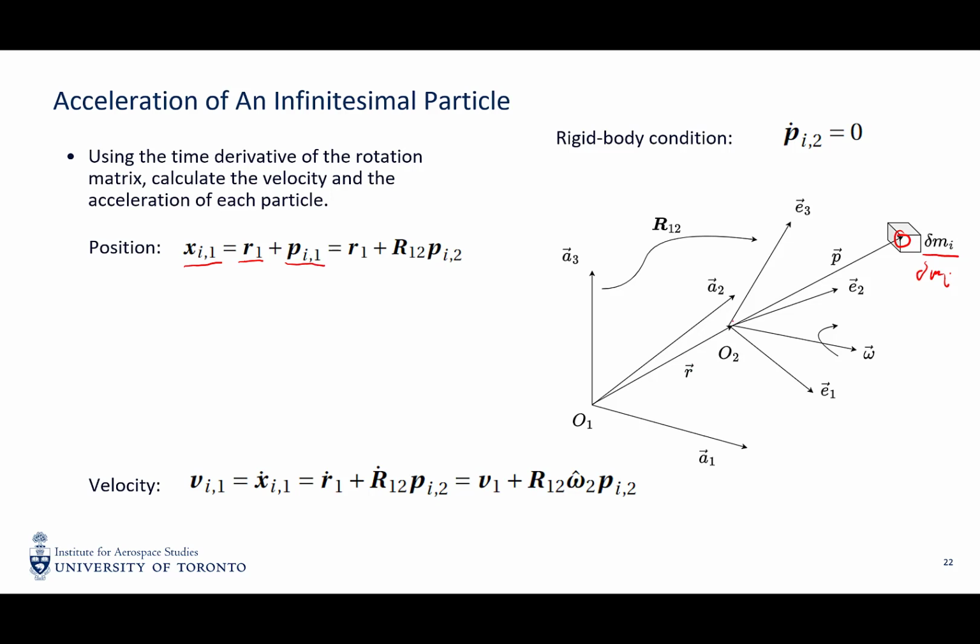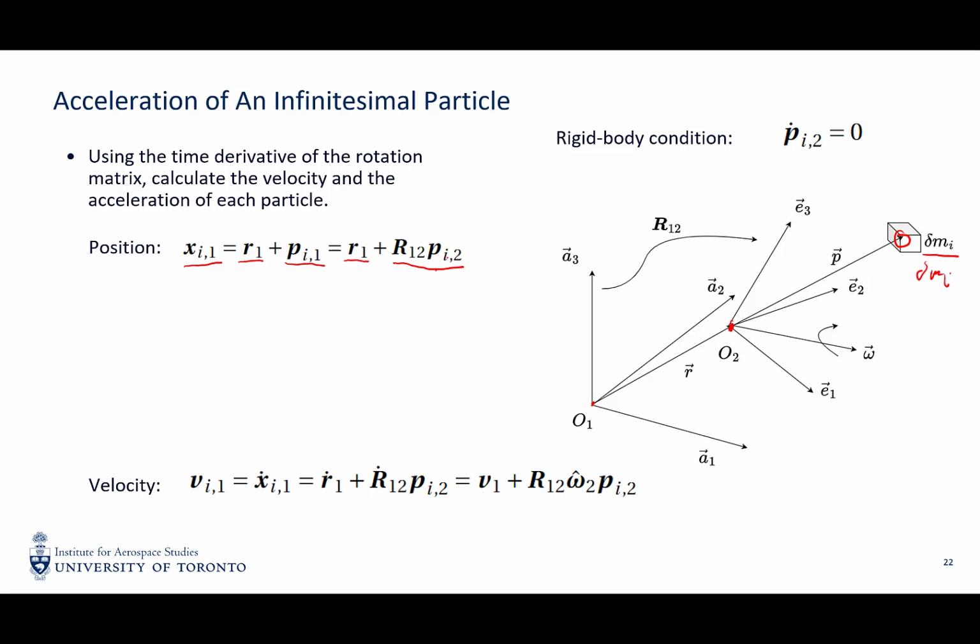So the r is the displacement of the body fixed frame from the inertial frame. It can also be expressed as r1 plus rotation matrix R12 times pi2, because by using the rotation matrix, we can express the relative position of the point mass expressed in the body fixed frame.